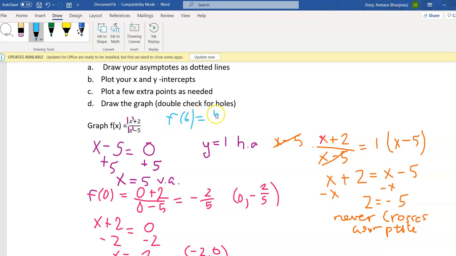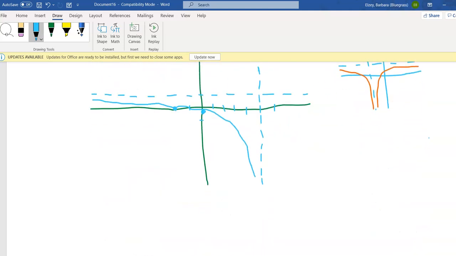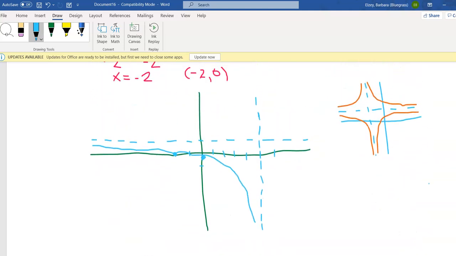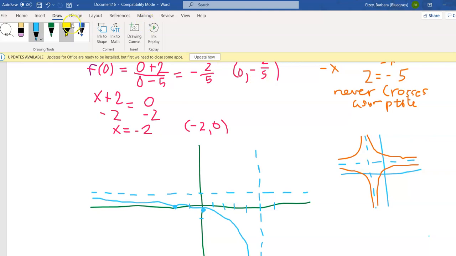So 6 plus 2 over 6 minus 5 gives me 8 over 1, which is just 8. So we've got the point (6, 8). Let's plot that. If I go over here, I'm probably going to have to draw this a little longer.